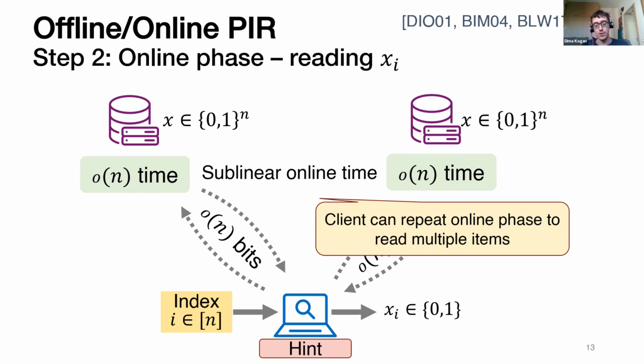However, previous protocols either required additional storage on the server or still required linear time in the online phase. And here, one of the key properties of the protocol is that the servers still store the database in its original form. They don't need to store some extra information as a result of running this preprocessing. All this preprocessed information is captured in this hint that the client stores locally.